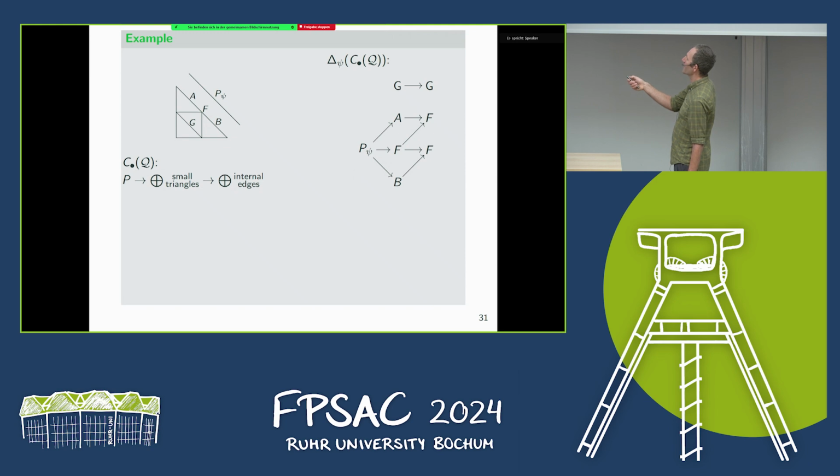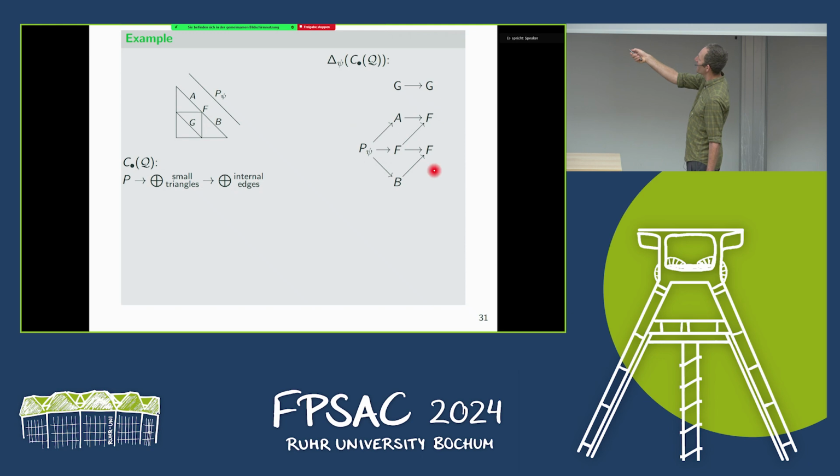The small triangles turn into G, A, F, and B. But you see, G doesn't include into P psi. So P psi doesn't map to G in the complex. It only maps to A, F, and B. And the internal edges, 2 of them turn into F, and 1 of them turns into G.